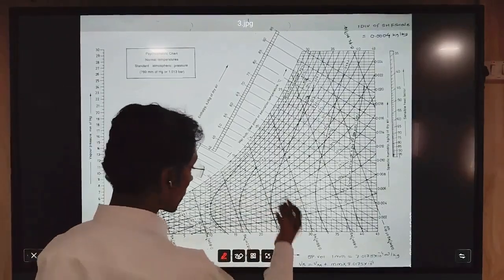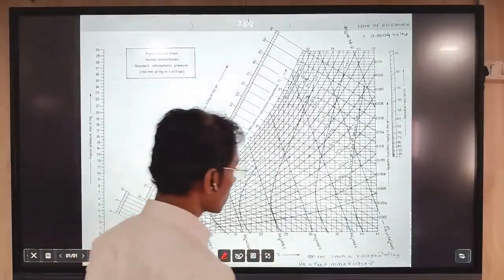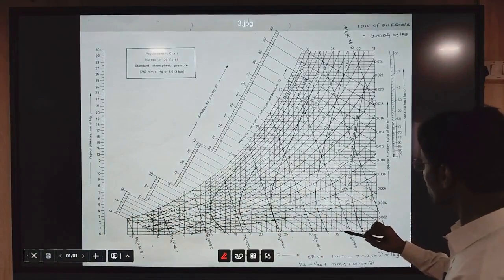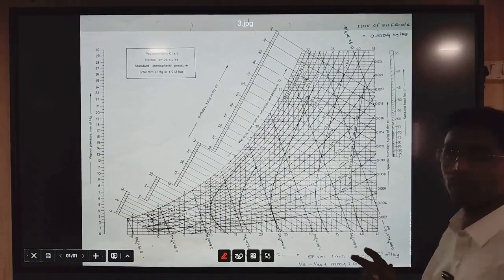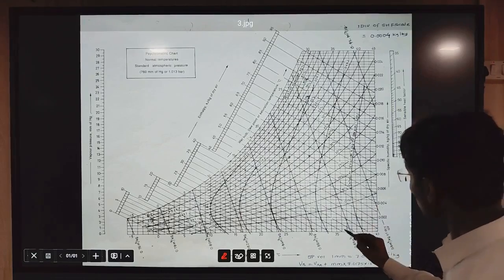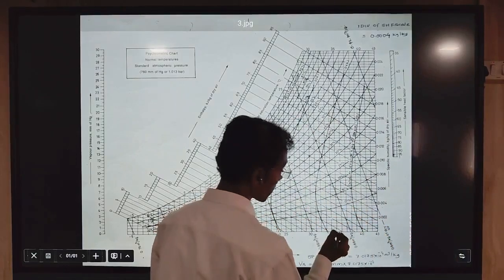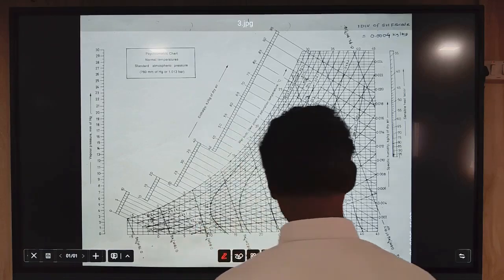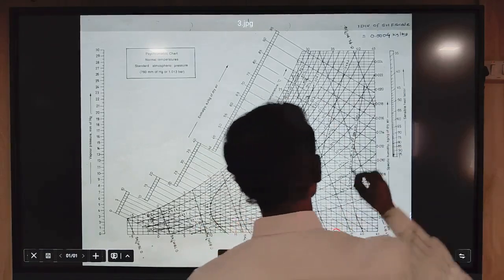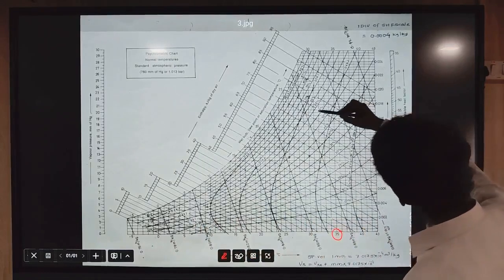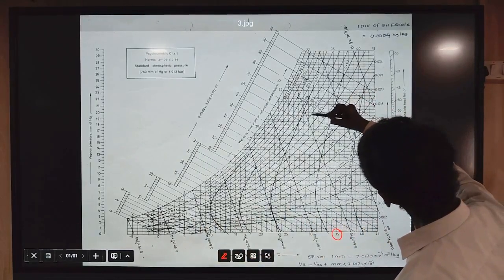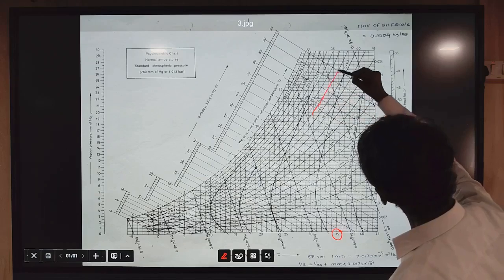So this is a psychrometric chart. Here the first category, the outdoor air condition, is point number 1, located with the help of two parameters: dry bulb temperature, which is given here as 35 degrees Celsius, and relative humidity of 60%. So this is the 60% curve, and we have to select this curve.